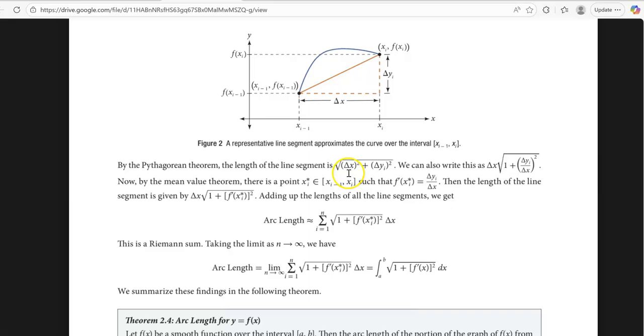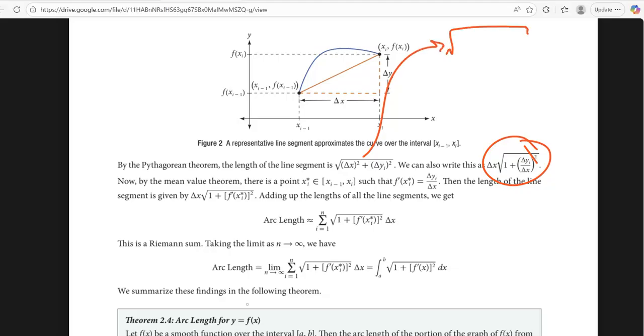If we think about factoring out a delta x here, and that's what they've done in that second part of the explanation. So if we were to factor out a delta x, we're going to have the square root of delta x quantity squared.